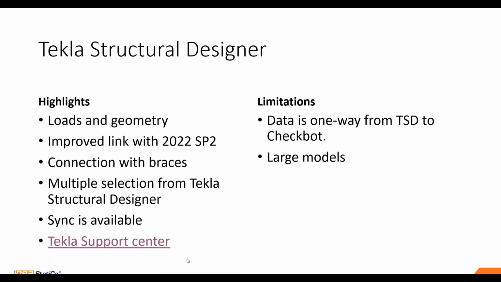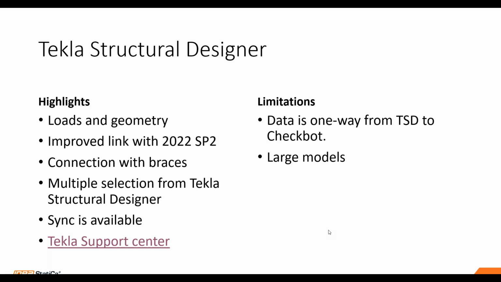It is a step-by-step process. Okay, so I'll pause this presentation so you can open that link. What are the limitations? Data is just one way from TSD to Checkbot. Obviously, if you do a change in the main model, you can synchronize that, but that will be just synchronized in Checkbot. And the second limitation is that this current link cannot handle a huge amount of connection data.